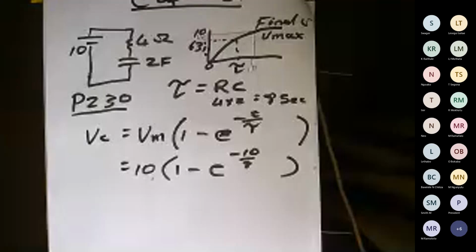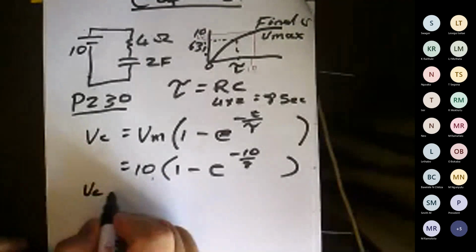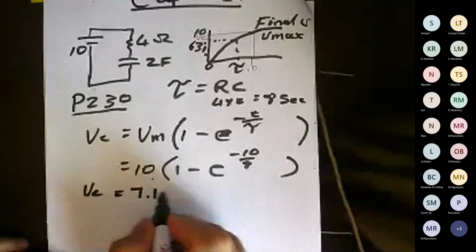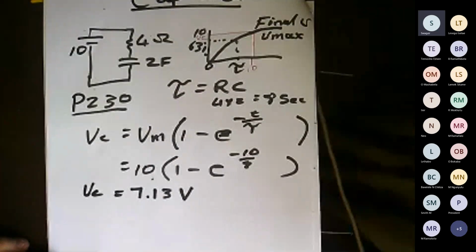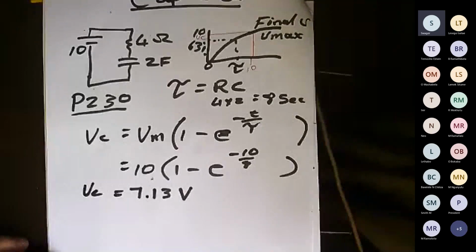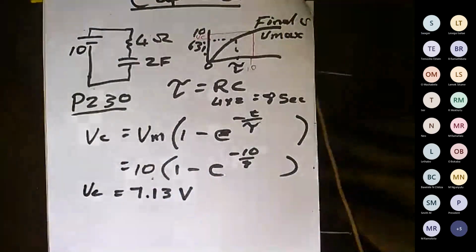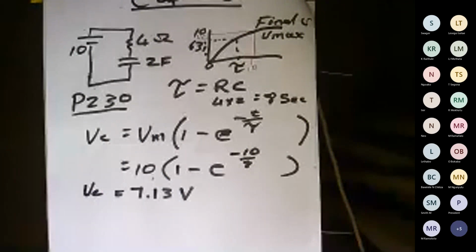Yes, talk to us. 7.135. New says the charge voltage is 7.135. What's the value for E? E's on your calculator. The value for E, E to the power of 1, is actually 2.71. So press E and test for yourself, guys.